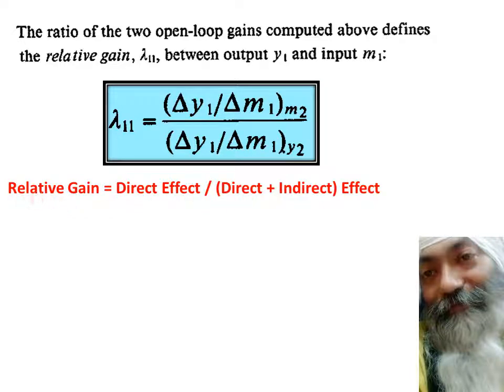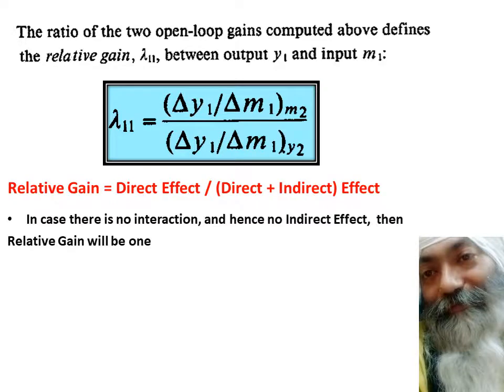So once this concept is clear, which is often not mentioned so explicitly in most of the books, then looking at the relative gain, we will be able to come to the conclusion whether the loop to be selected is appropriate or not, or how to select the loops in case of MIMOs, that is multiple input multiple output systems.